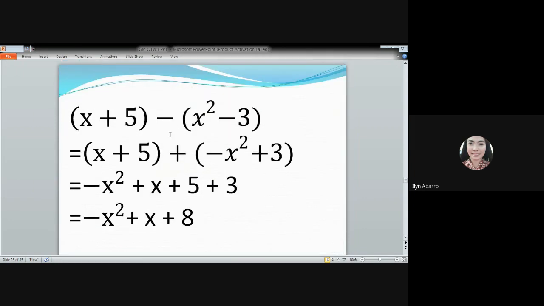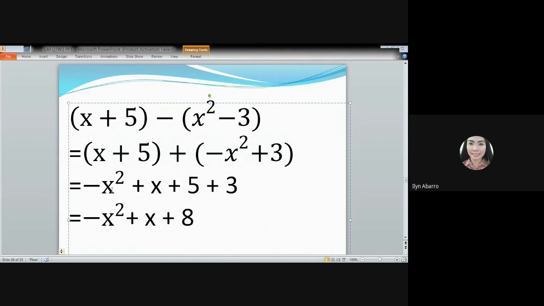X plus 5 minus x squared minus 3. So, this is still subtraction. So, we're going to convert this first into addition by changing the sign of the subtrahend. X squared will become negative x squared and negative 3 will become positive 3. And then we remove the parentheses.